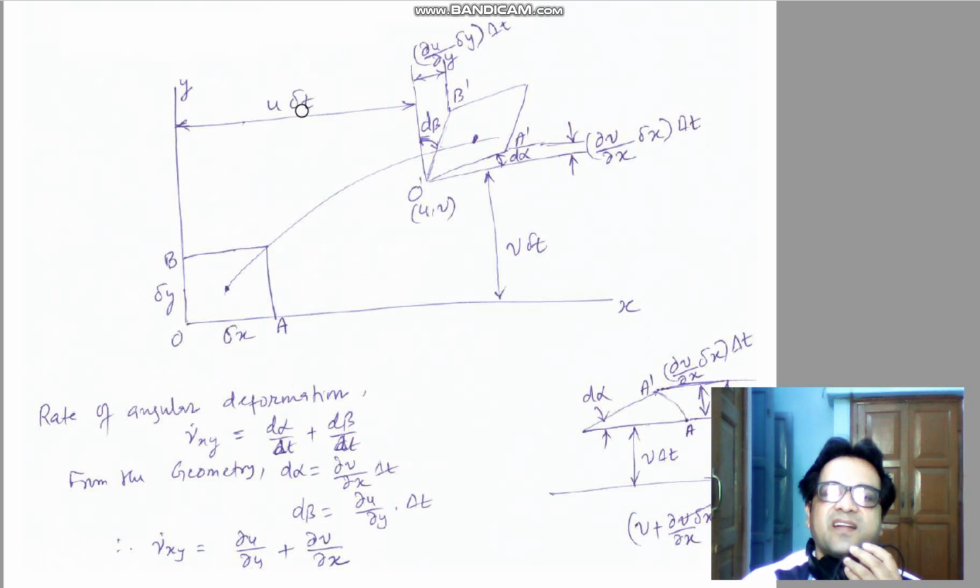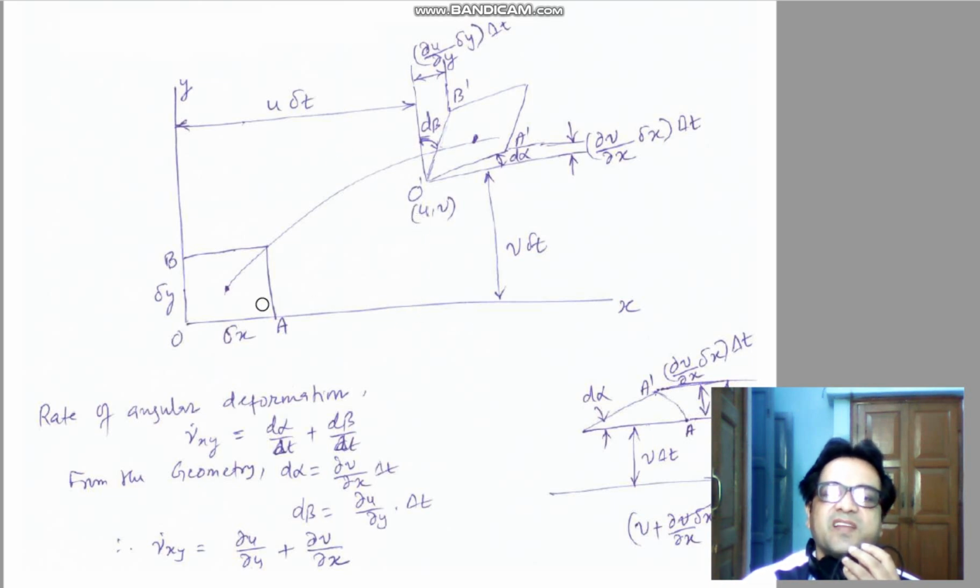After some time delta t, the fluid reaches a different location along its path line. Now you see deformation takes place, rotation also takes place, and translation also takes place. So all the three happen to this fluid element in time delta t.